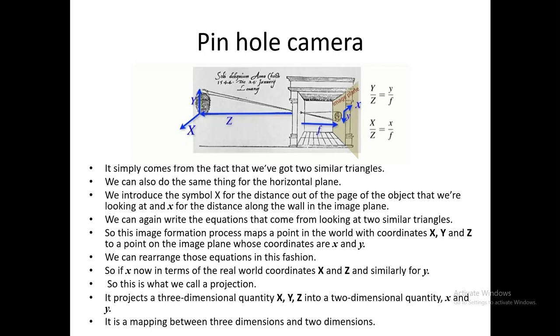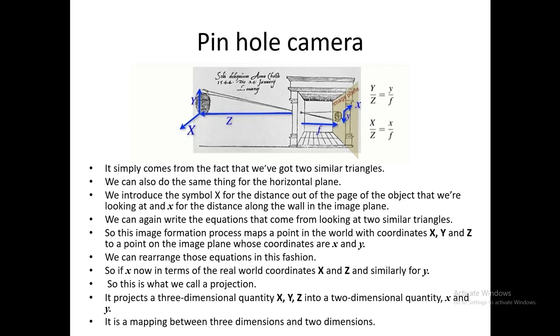Like we can see here, the ratio of Y by Z is equal to the ratio of small y by f, and the ratio of capital X by Z is equal to the ratio of small x by f, and this is what we call the projection, and it projects a three-dimensional quantity x, y, z into a two-dimensional quantity x and y.